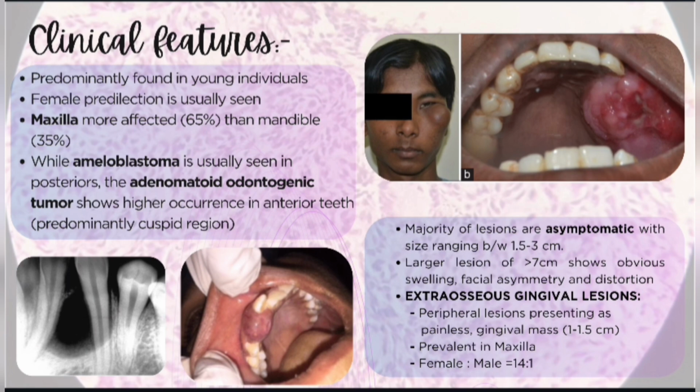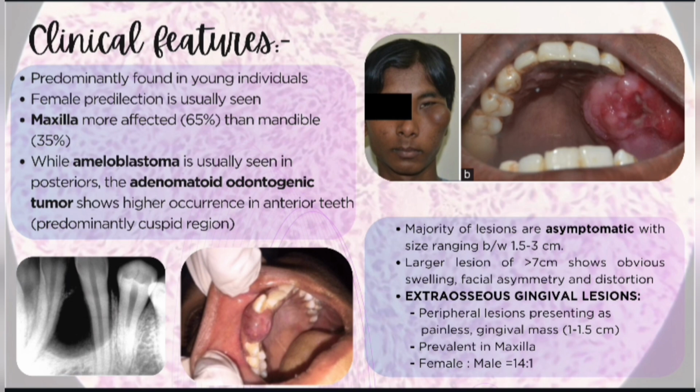While ameloblastoma is usually seen in posterior teeth, the adenomatoid odontogenic tumor shows highest occurrence in anterior teeth, predominantly the cuspid region, that is canine. The majority of the lesions are asymptomatic with size ranging between 1.5 to 3 centimeters.